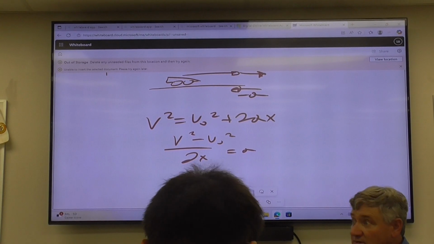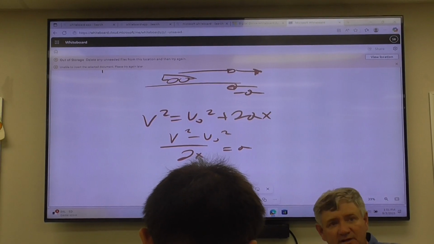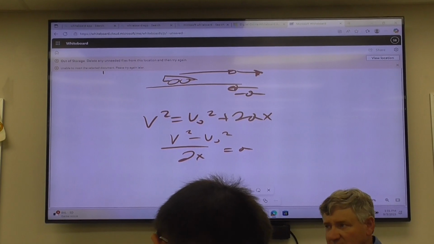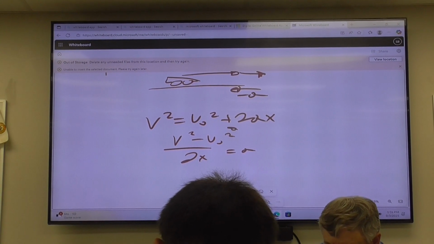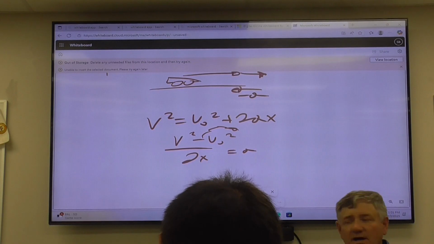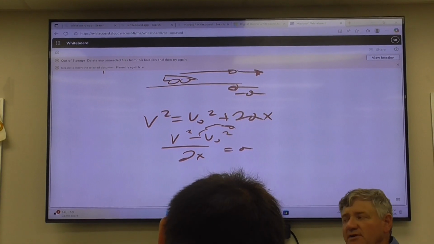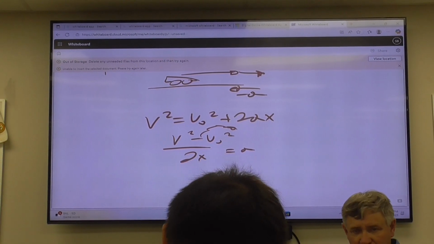Okay? That would be a reasonable assumption, right? But that's assuming that there's a direct linear relationship between velocity and stopping distance. But as soon as you see this v squared, can't happen. Okay? You cannot have a linear relationship as soon as you see that you have something squared.